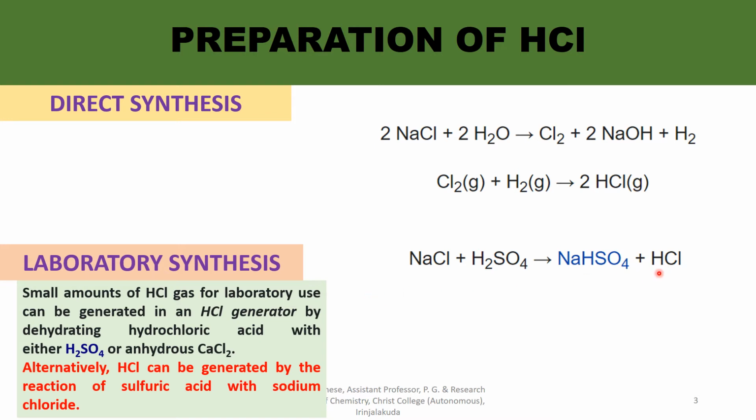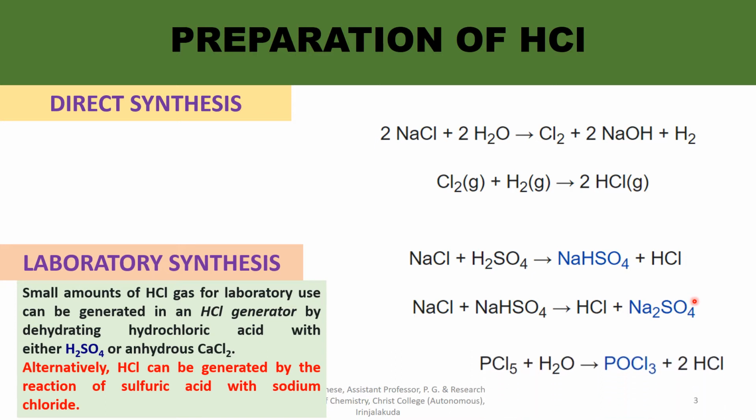This reaction occurs at room temperature, but when the temperature is raised to 200 degrees Celsius, sodium chloride remains in the generator, which reacts with the sodium hydrogen sulfate to give hydrogen chloride and sodium sulfate, that is known as Glauber's salt.